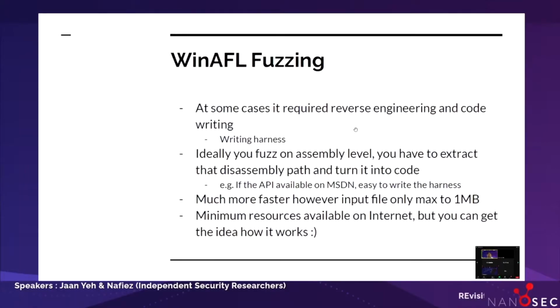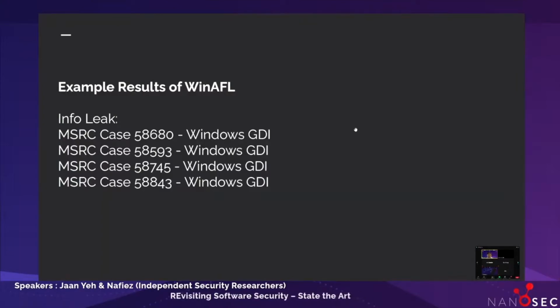It is much faster, however, the input file is limited to a maximum of 1 MB. There are minimal resources available online, but you can still get some ideas out of it. Following are the results we got from using WinAFL. They're all info leak bugs in the Windows GDI.